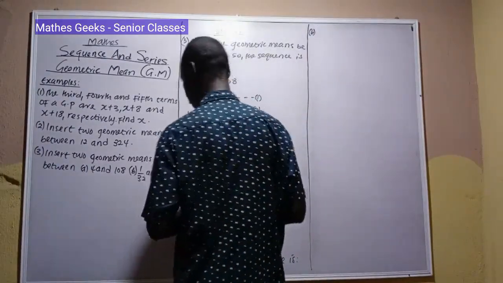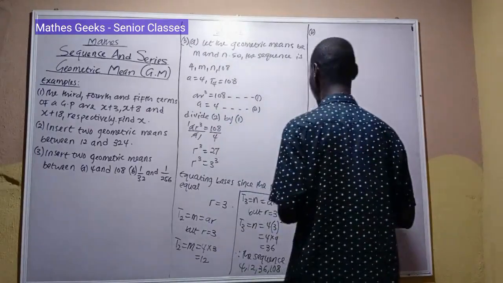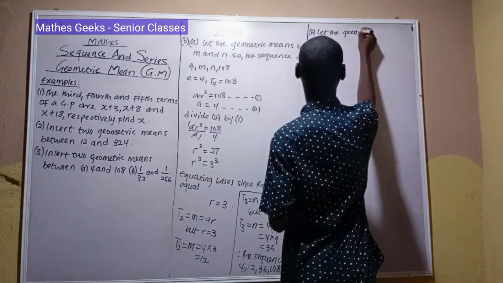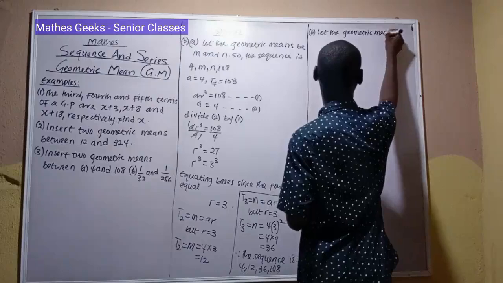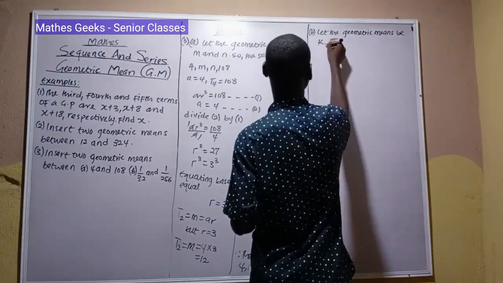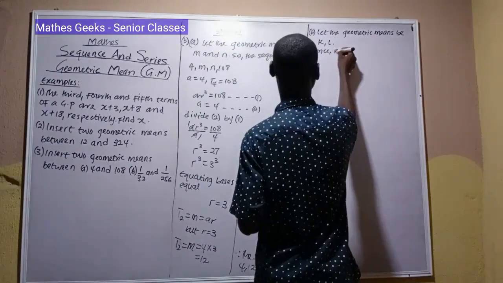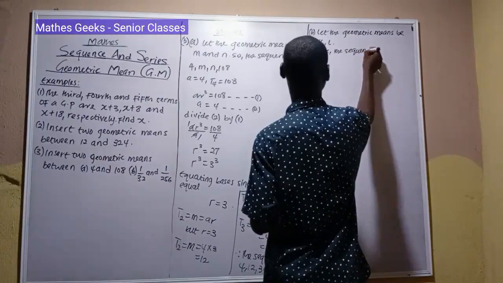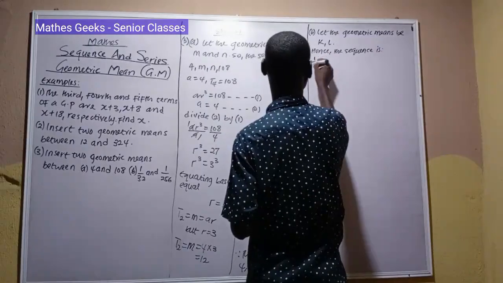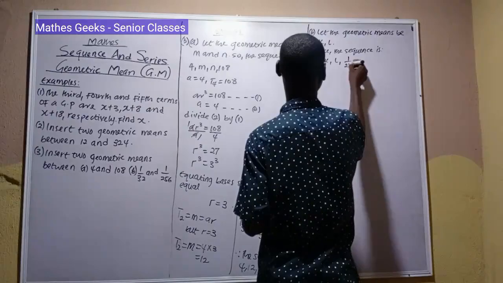3b. Insert two geometric means between 1 over 32 and 1 over 256. The geometric means are k and l. Hence the sequence is 1 over 32, k, l, 1 over 256.